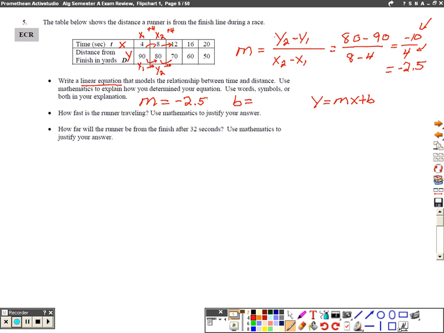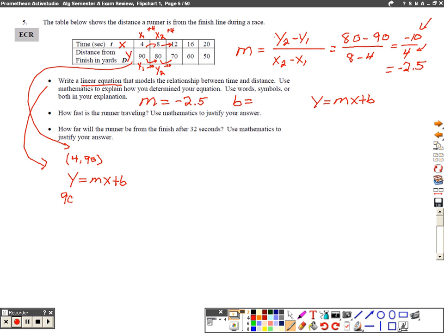Now I need to find my y-intercept. I'm going to need a little more space, so I'm going to draw an arrow. I'm going to use my first point, my point 4, 90 from my table up here, and I'm going to plug that in as my point into y equals mx plus b in order to find b.